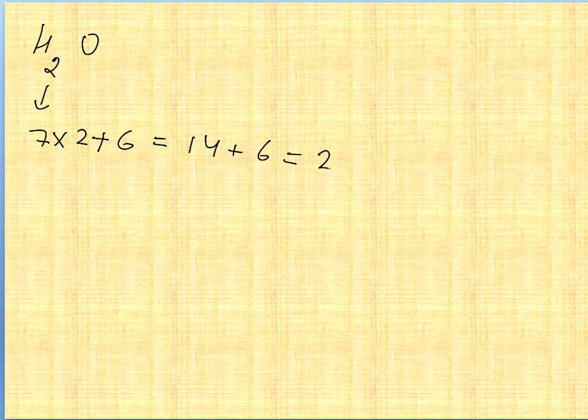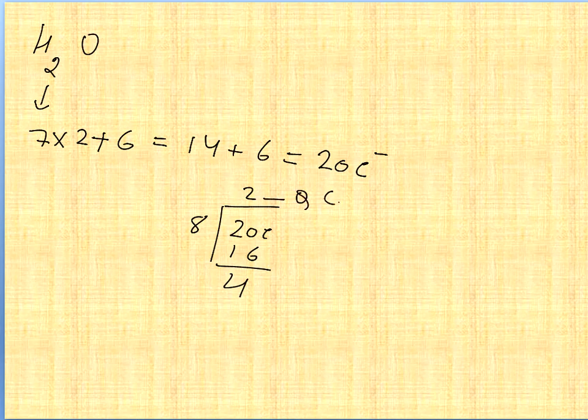This will be 20 electrons. You have to divide 20 valence electrons by 8. 8 twos are 16, and 4 remaining. The quotient is the number of bond pairs, and the remainder 4 divided by 2 will be 2 lone pairs.